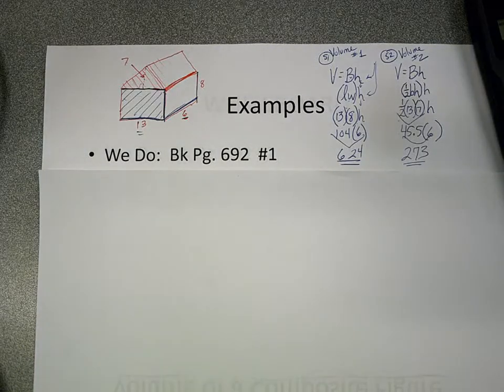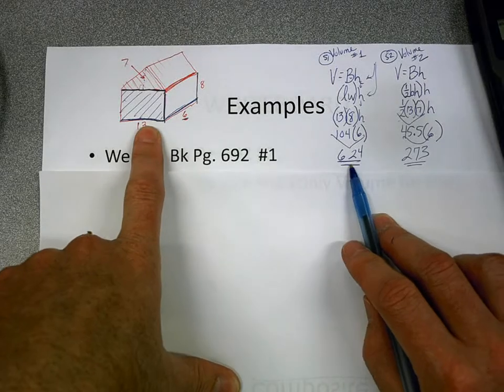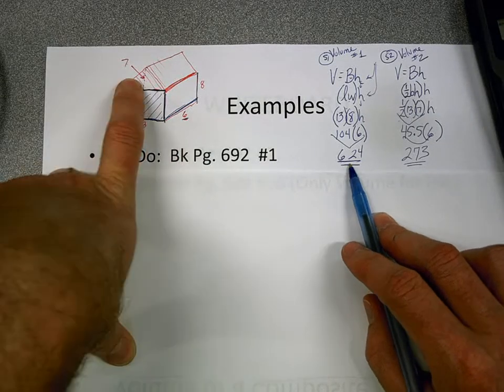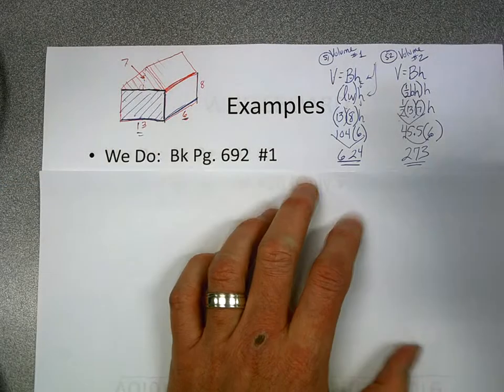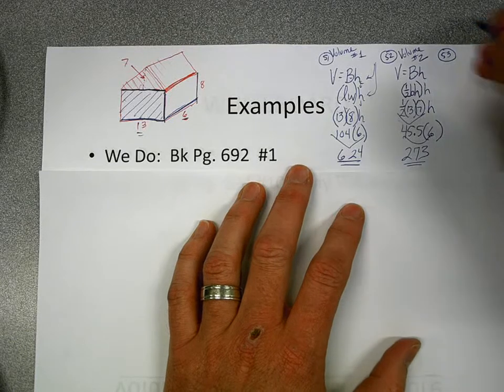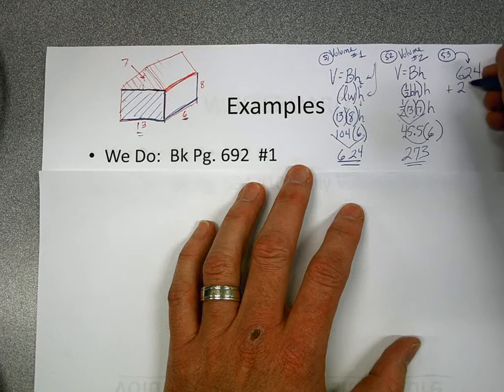So ultimately what this means is 624 cubic inches inside the rectangular prism. Inside the triangular prism, there's 273 cubic inches. And now what we do for step 3 is we take those two and we add them together. 624 plus 273.